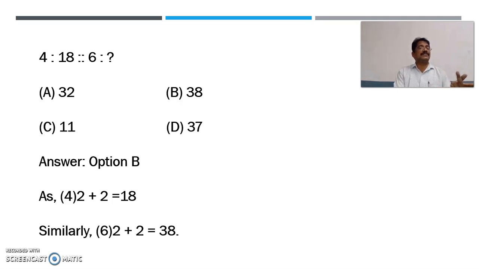In a similar manner, you square the number and add 2 to get the required answer. So 6 squared is 36, plus 2 is 38. So option B is correct.